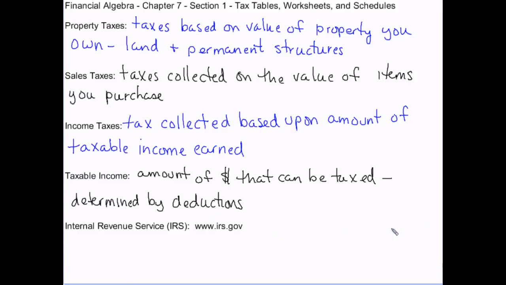And then the Internal Revenue Service, the IRS, there's their website. If you ever have any questions, there's tons and tons of publications and forms and fact sheets and everything you could possibly never want to know about taxes on that website. This is the government agency that collects the taxes.